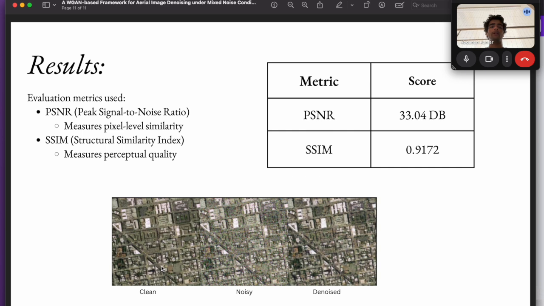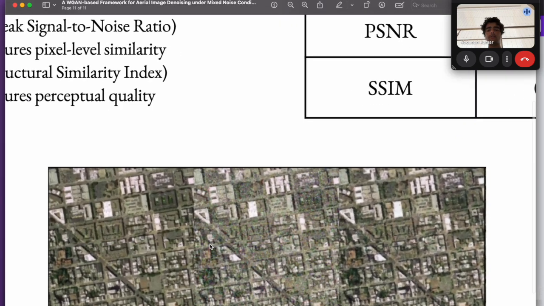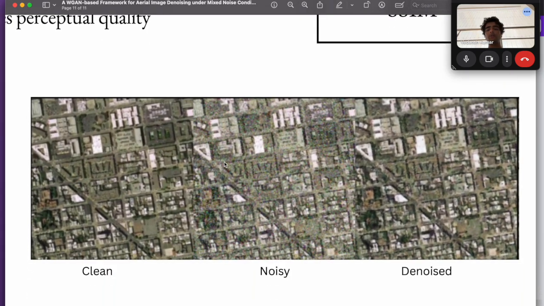Upon calculating the metric scores, our PSNR value was 33.04 dB, which is quite good for a denoiser, and for SSIM our value was 0.9172, which is also quite good, showing that the structural similarity is maintained between the clean and the denoised image. Here I have also given an example. As you can see, here is a clean image, here is a noisy image, and here is a denoised image.